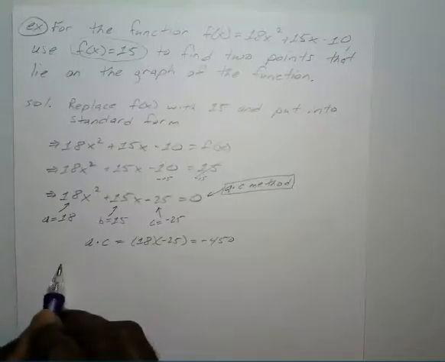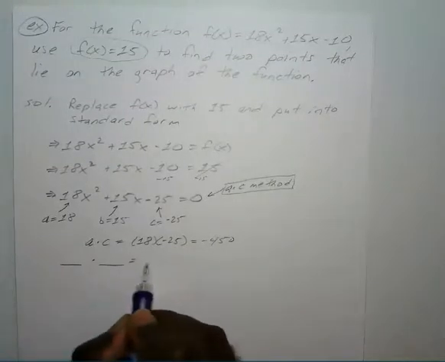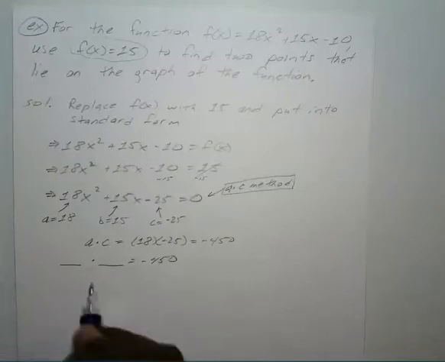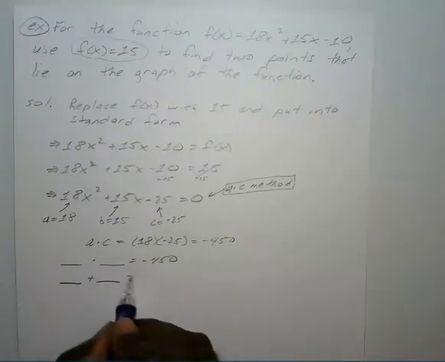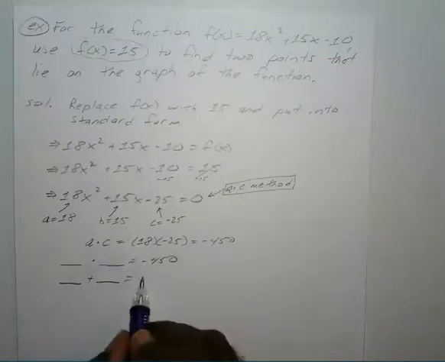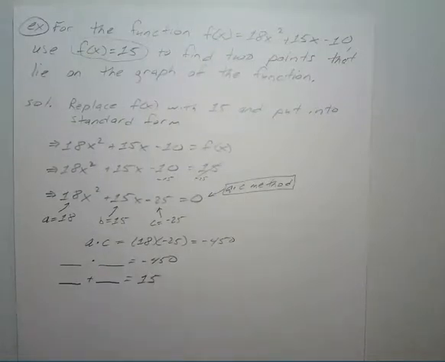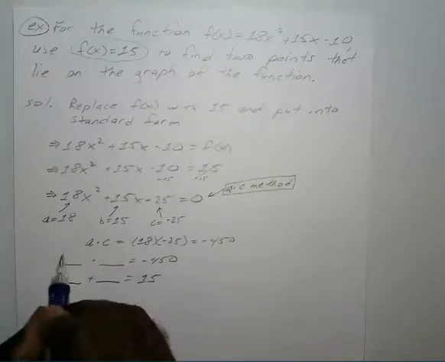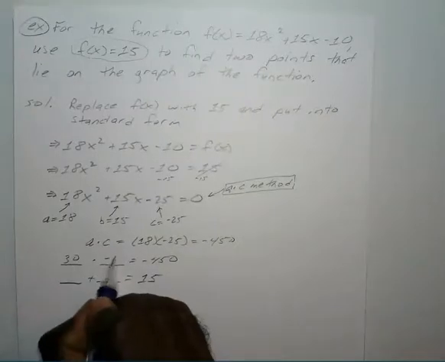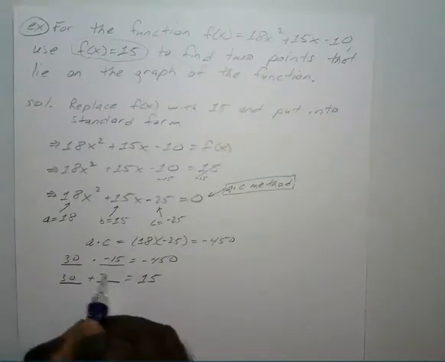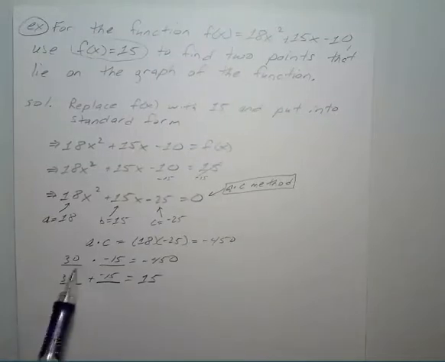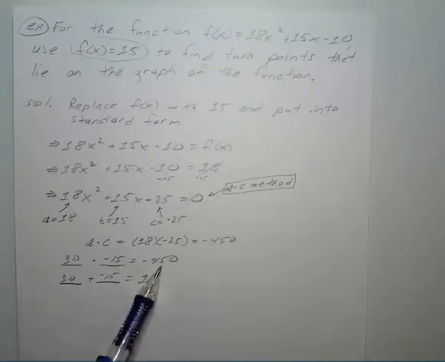So that means we have to find two numbers that multiply to equal negative 450, and those same two numbers add to equal your B, which is 15. In this case, you'll probably find it after trial and error, 30 and negative 15 work for both. 30 times negative 15 is negative 450, and 30 plus negative 15 is positive 15.